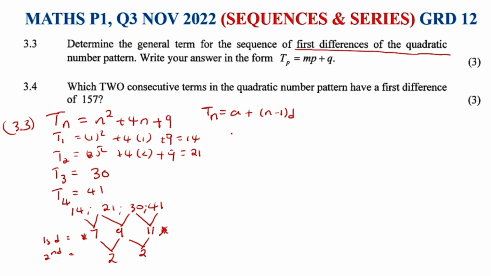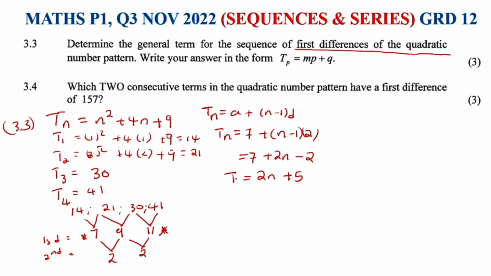Okay, so for Tn, we know we are looking for the general formula. So our first term is going to be 7 plus (n minus 1), d is 2. Therefore, if we simplify this, it's going to be 7 plus 2n minus 2. Therefore, this should give us 2n plus 5.